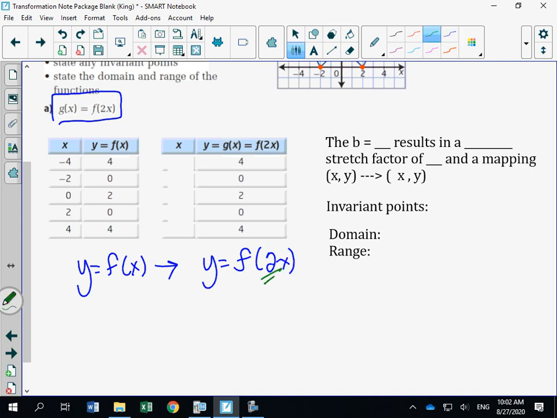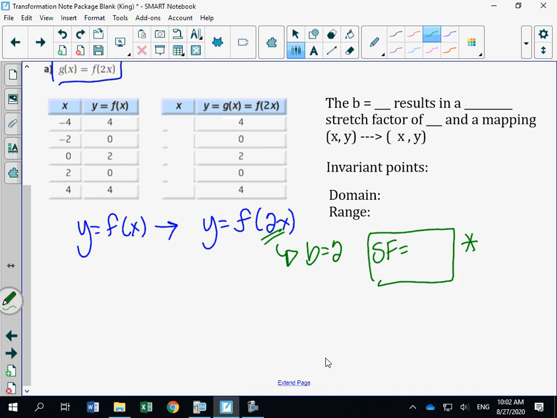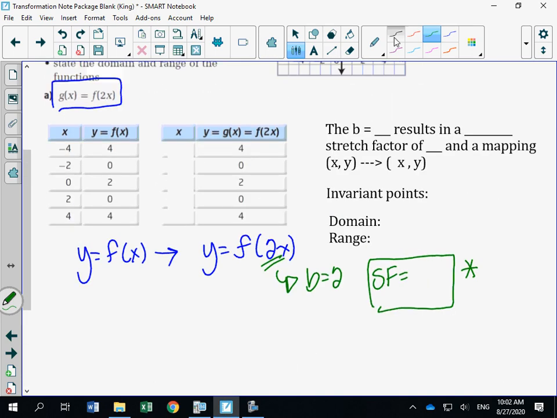So you know that this is your b value, so you're going to always say b value is equal to 2. Then we're going to write stretch factor is equal to, and I'm actually going to leave this blank. We're going to look at the graph first before we figure out the stretch factor, because for the b value, it is not going to be 2. Some of you will be able to figure it out once we get graphing it.